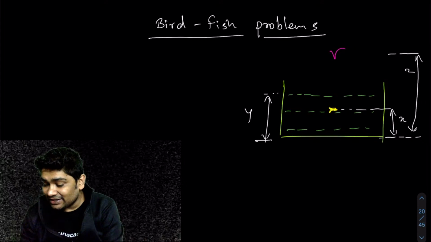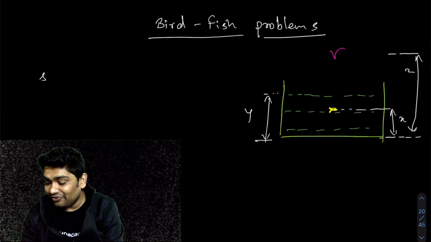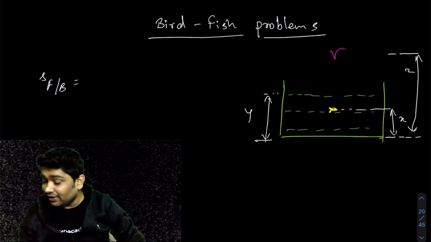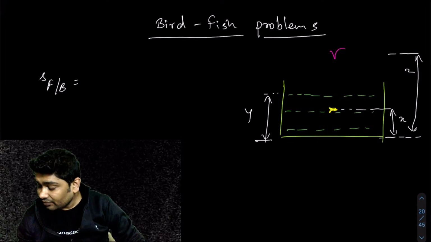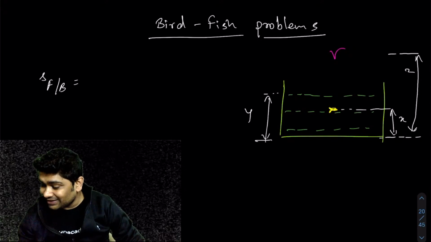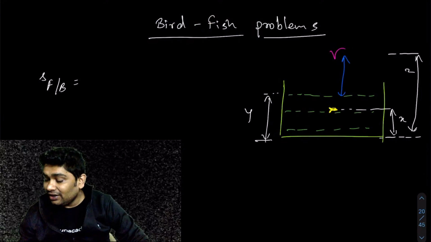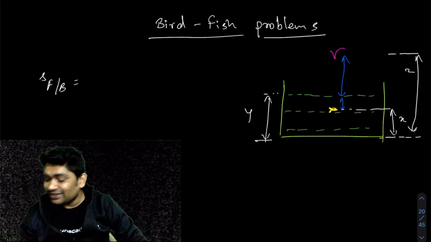So let's say the distance of fish with respect to bird. When the bird is looking, it will see this height normally, right? This height remains unchanged for the bird. Now this height obviously changes.